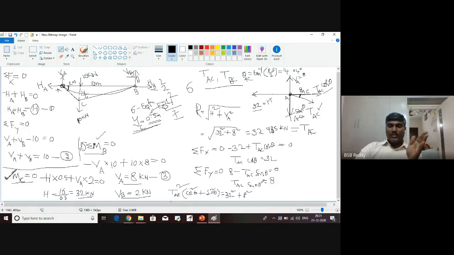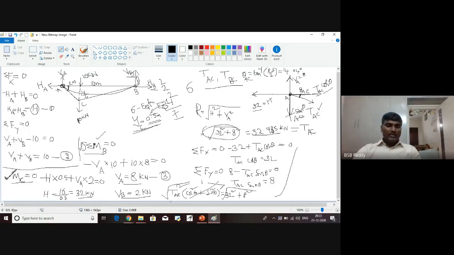Left hand side square and add, right hand side square and add. So this becomes 1. So on the left hand side, TAC square; right hand side, 32 square plus 8 square. If you want TAC, take root on both sides. Instead of doing this, you can go with the other concept also.